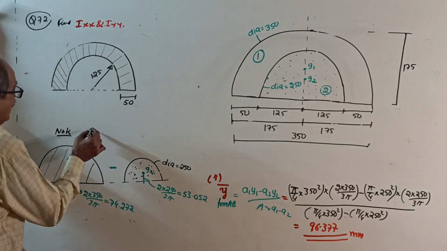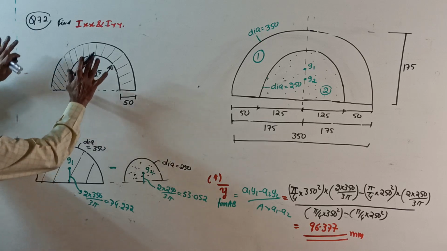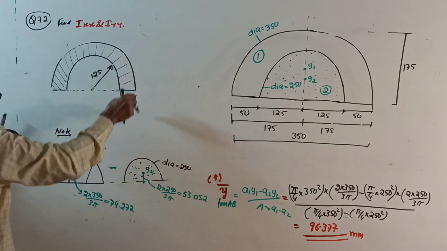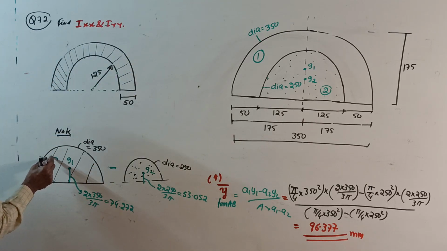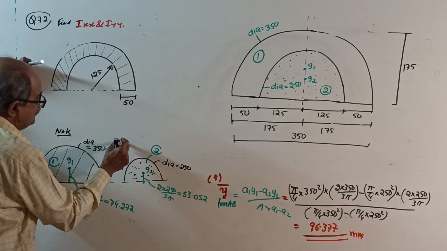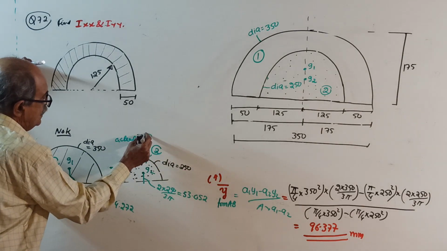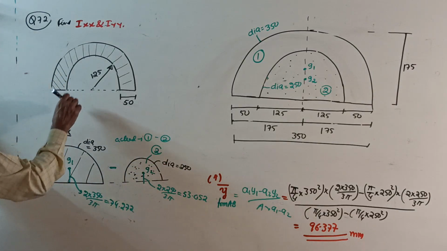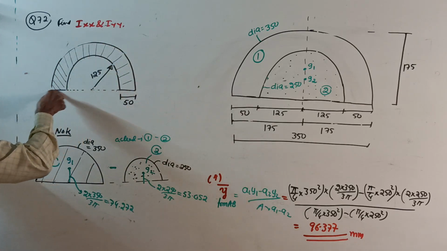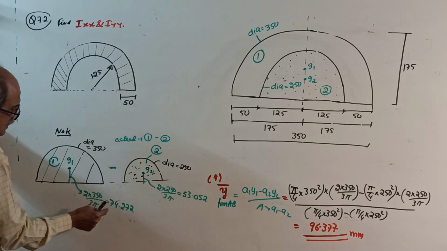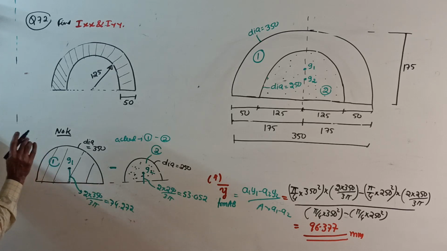Now, we will do one thing. You put the sketch, then write. The full semicircle we will take as 1. This cutout we will take as 2. So actual is 1 minus 2. And also remember, when you take the full semicircle, its centroid G1 is at 2d by 3 pi, 2 into 350 by 3 pi, 74.272.